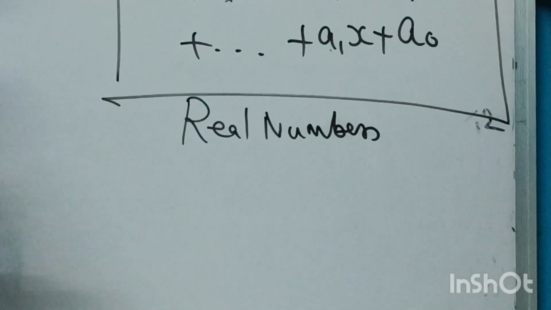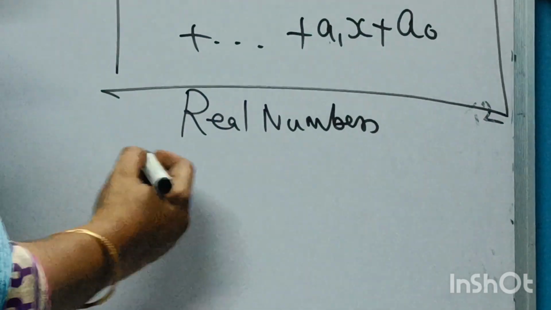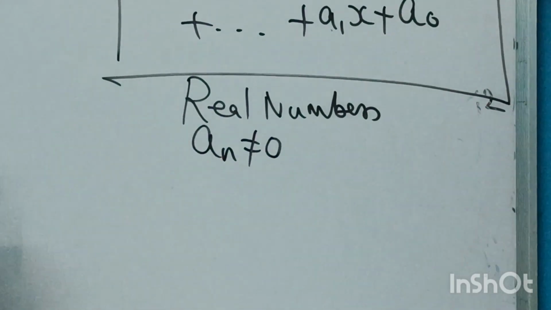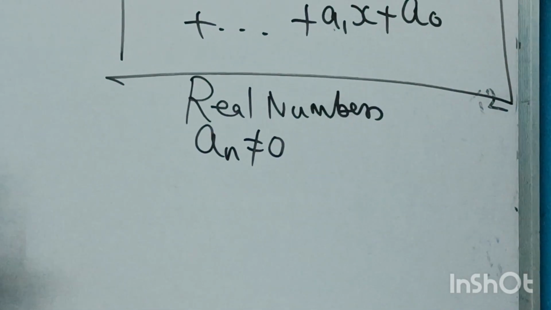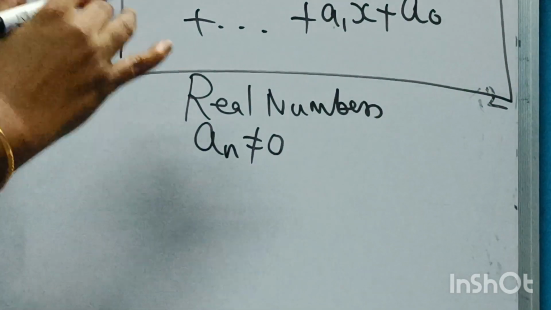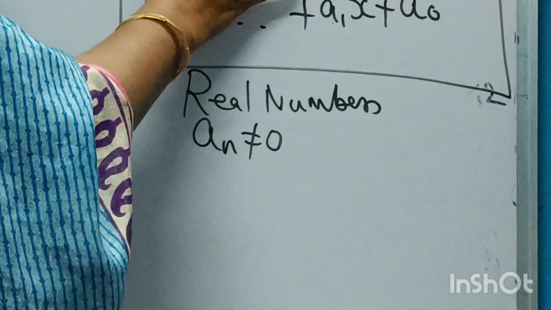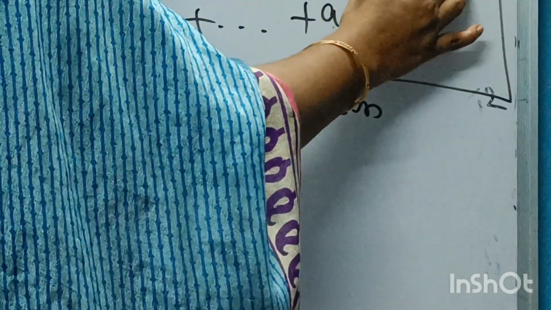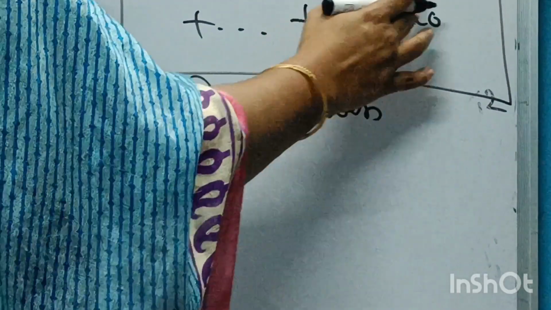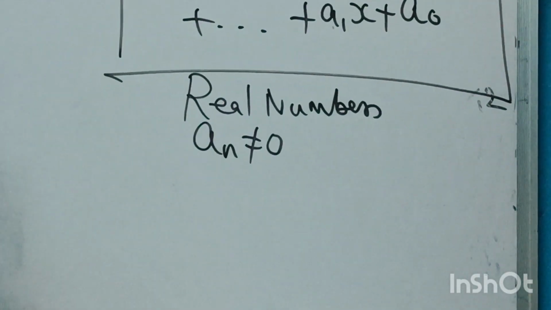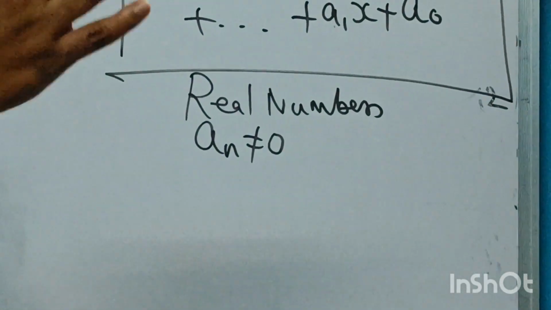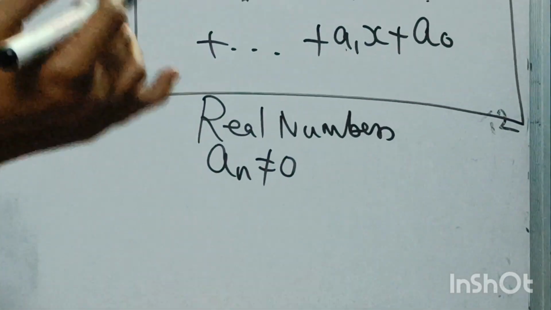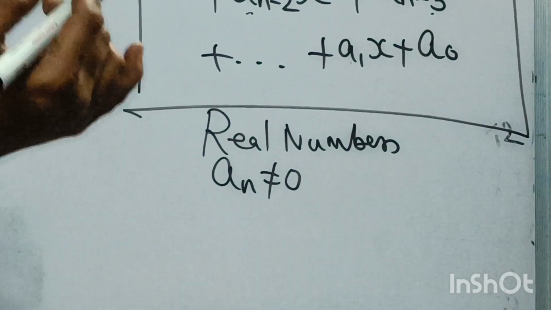And here a_n is not equal to 0, and a_1, a_2, a_3, etc., up to a_n are the coefficients of x to the power n minus 1, x to the power n minus 2, x to the power n, x to the power n minus 3, x, etc. And n is called the degree of the polynomial. So this is the standard form of the polynomial.